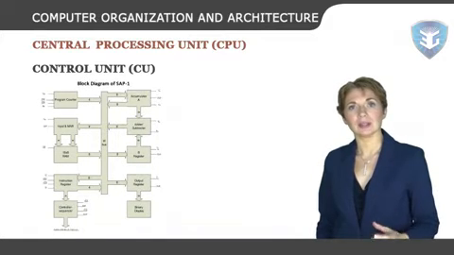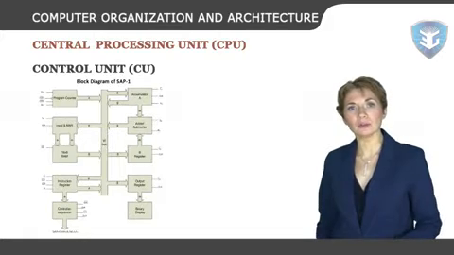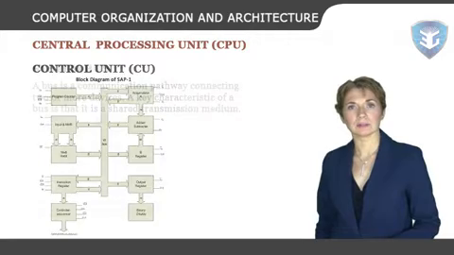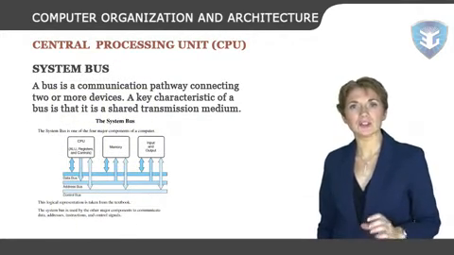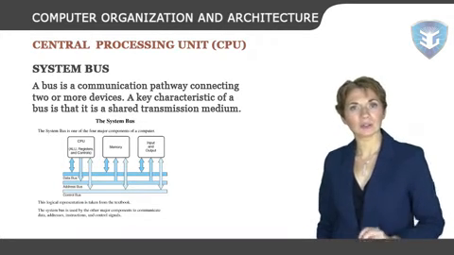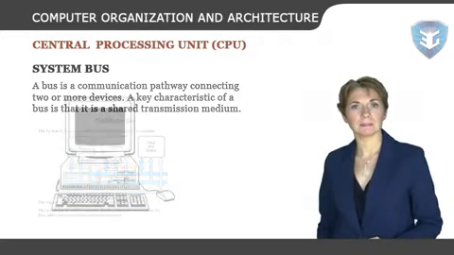Input to the control unit consists of the instruction register, flags, and control signals from external sources, for example, interrupt signals. System bus. A bus is a communication pathway connecting two or more devices. A key characteristic of a bus is that it is a shared transmission medium.